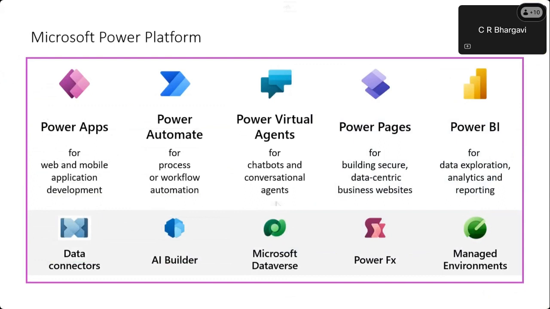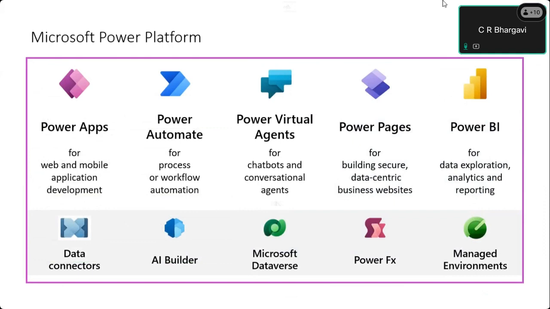The Power Platform is a combination of various applications, like Power Apps, Power Automate, Power Virtual Agent, Power Pages, and Power BI, and all those have been combined together and named Power Platform.